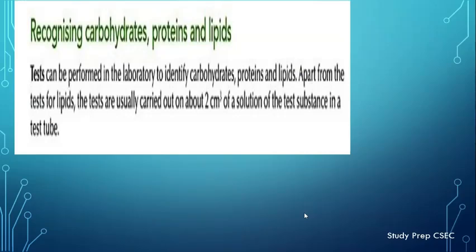So let's look at recognizing carbohydrates, proteins, and lipids. Something very important to note is that different tests can be used to identify carbohydrates, proteins, and lipids. Apart from the tests for lipids, the tests are usually carried out on about 2 cm cubed of solution of the test substance, in a test tube.